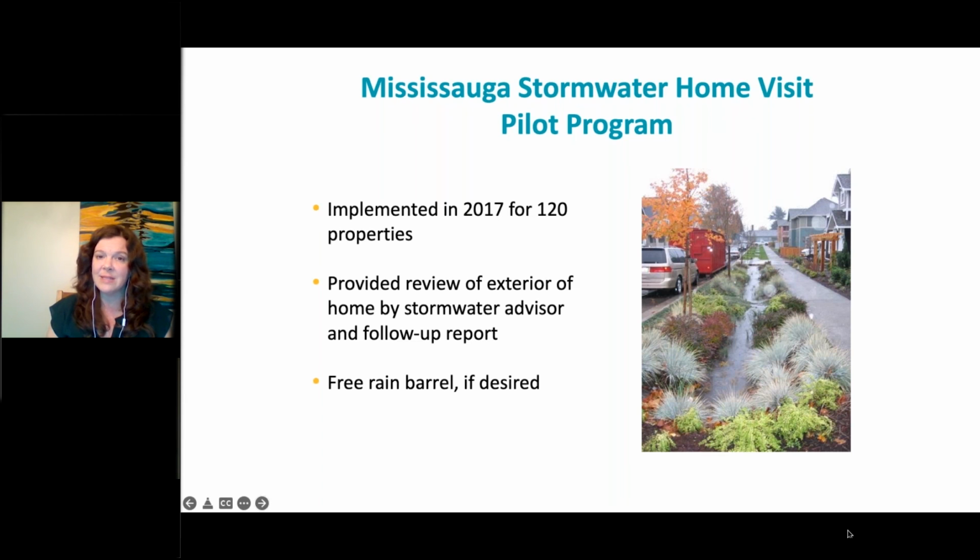We implemented a stormwater home visit pilot program where we hired stormwater advisors to go to residential properties at the property owner's request and give them an assessment of what they could do on their property, both to manage stormwater and regarding environmental sustainability in general. And then if desired, they could also get a free rain barrel.